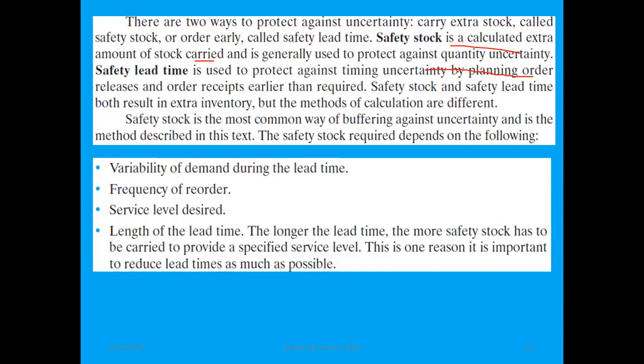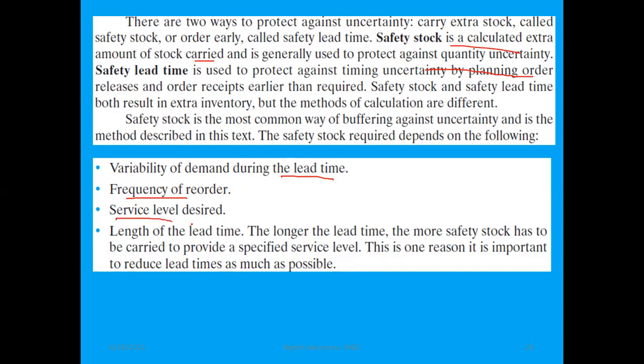During the lead time, there will definitely be some variable change in the demand, depending upon the product. Next, frequency of reorder. Frequency means how many times, for example 10 times this month or 20 times, how many times you are placing the reorder.